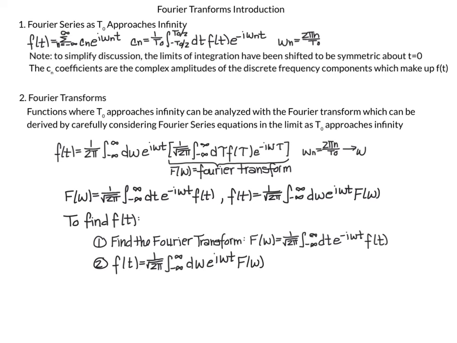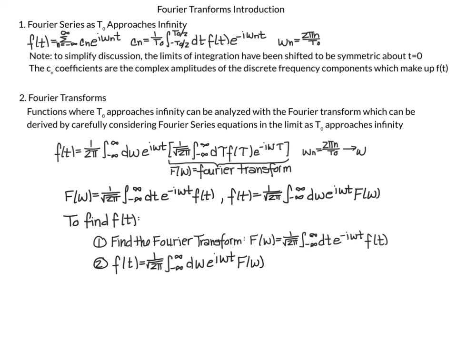Of course, the next thing to consider is this second step, this f of t over here, which is equal to 1 over square root of 2 pi, integral from negative infinity to infinity, d omega, e to the i omega t, our Fourier transform. So it's like, well, what the heck? We just went to the frequency domain. Why are we coming back to the time domain? It's like we just undid all the work we have just done.